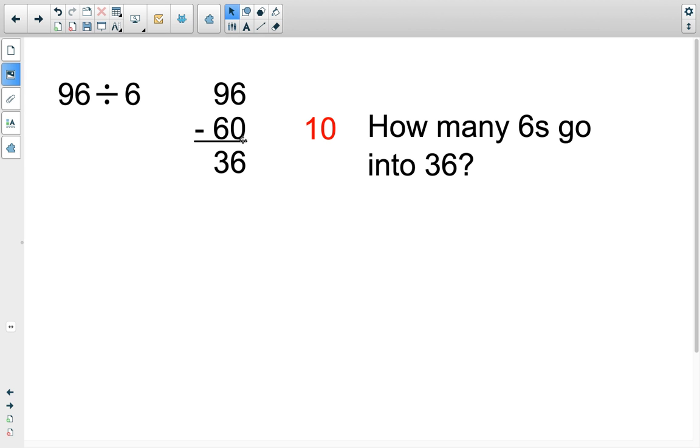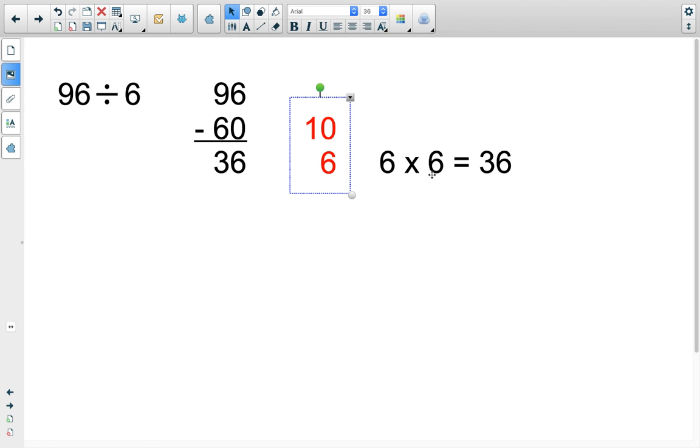So now I know that this has gotten me to 60. Now how many 6s are in 36? Well, I know how many 6s are in 36 because I remember my math facts, and I know that 6 times 6 is 36. So now I have 6 more 6s to account for here.